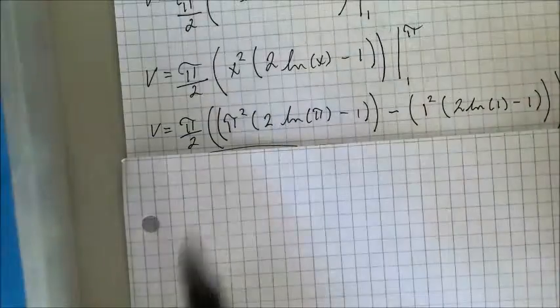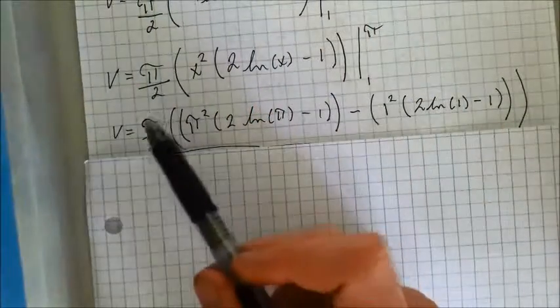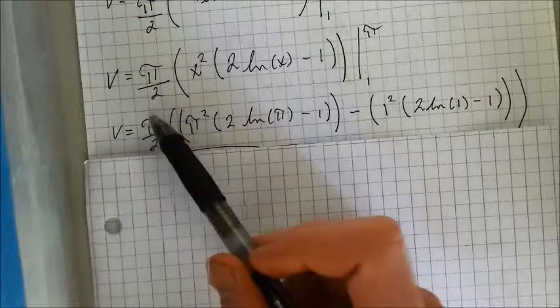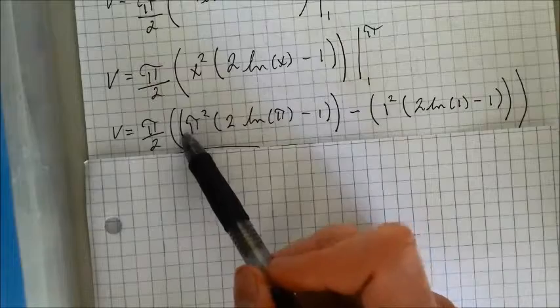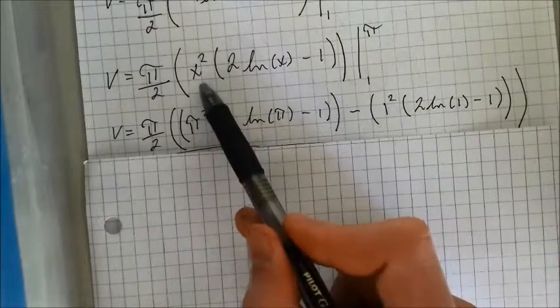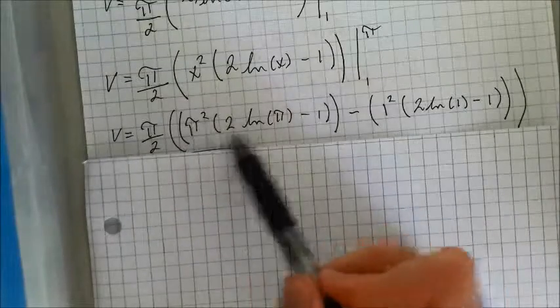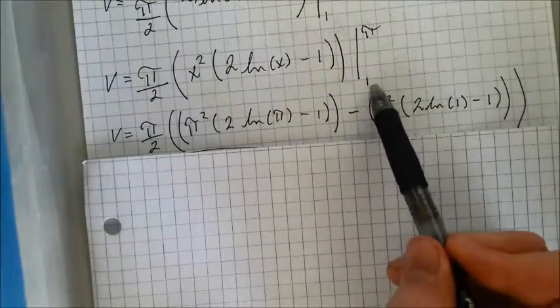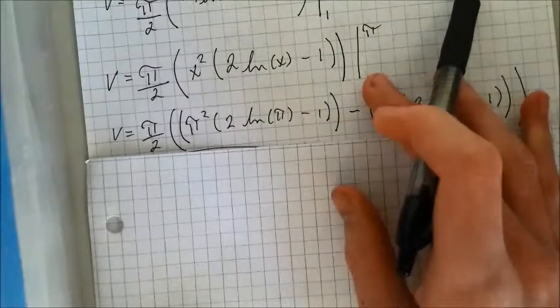And so when I plug in my values to find my volume, I get this, my pi over 2, which is a constant, so it's staying out front, times pi squared times 2 ln pi minus 1. And then I subtract this evaluated at 1, which is 1 squared times 2 ln 1 minus 1.